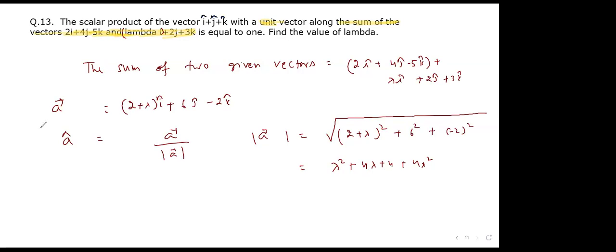So this will become lambda square plus 4 lambda plus 4, using a square plus 2ab plus b square, and plus 6 square is 36 and minus 2 square is 4. So this becomes the square root of lambda square plus 4 lambda plus 44.